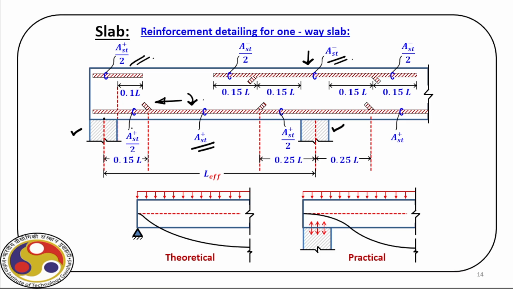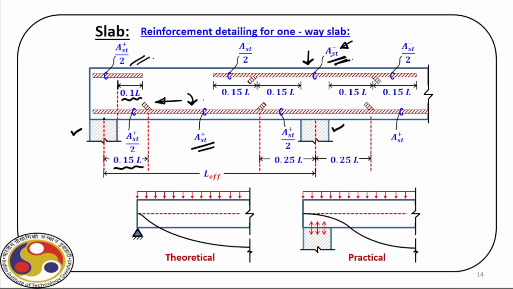Now, in case of slab, this point of curtailment, as mentioned here, is 0.15 L. And for the support, if it is discontinuous here, then from the face of this support, this reinforcement will extend up to 0.1 L.